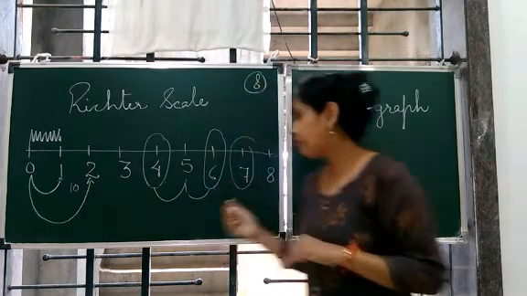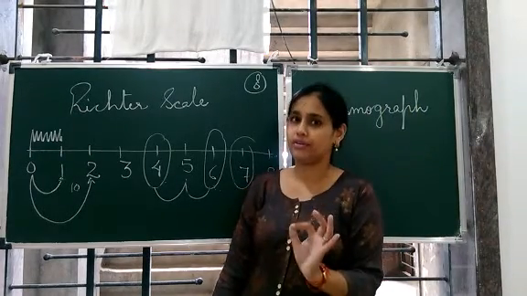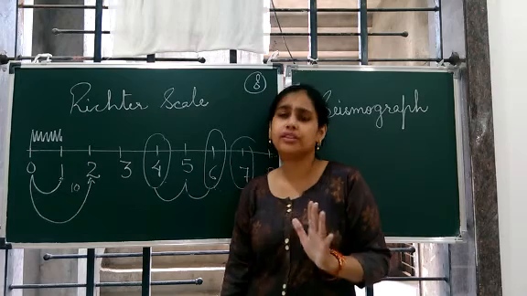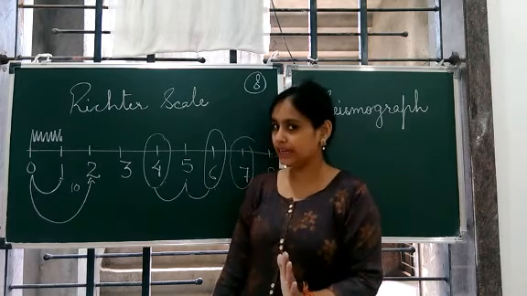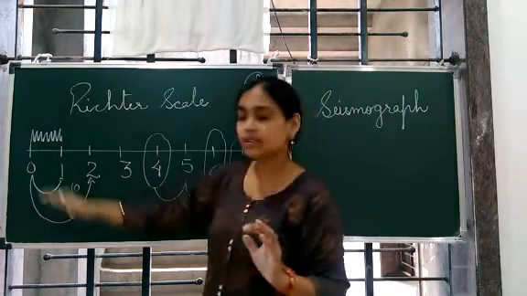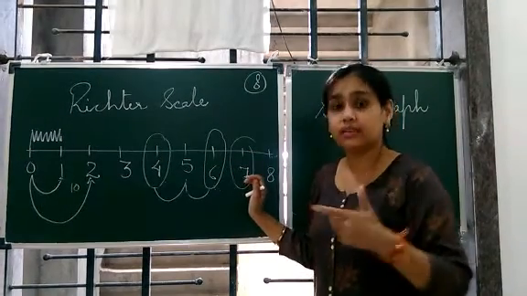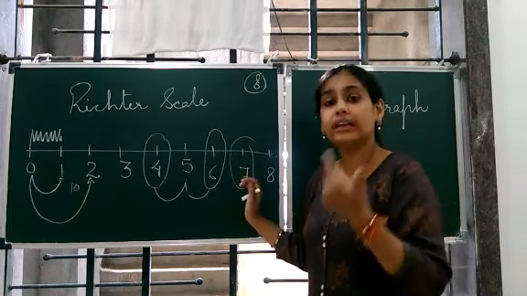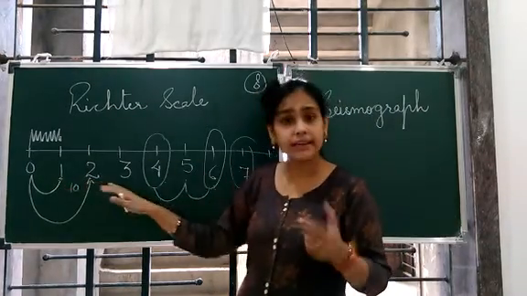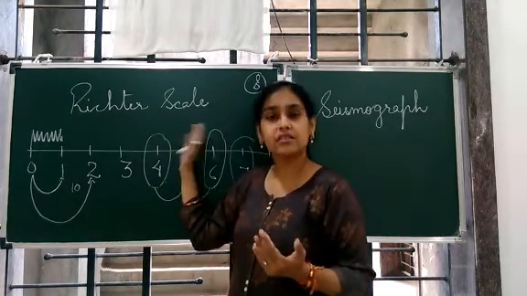They were of magnitude 7.5 and they were very, very destructive. They caused a lot of destruction to life and property. So this is all about the Richter scale: the intensity of the earthquake increases 10 times if the reading increases on the Richter scale.